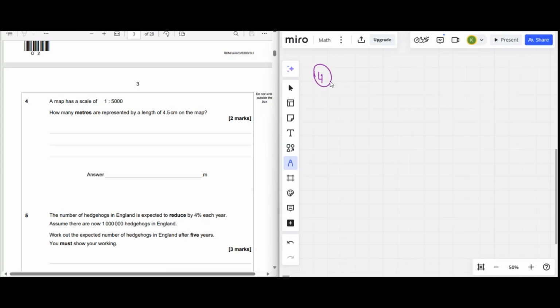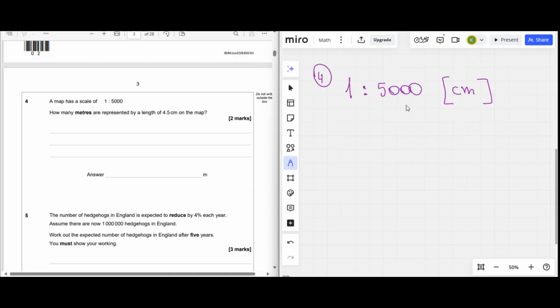Next we have a map, 1 to 5,000. And a scale is always in centimeters. 1 centimeter on the map is 5,000 centimeters in the real world, right?